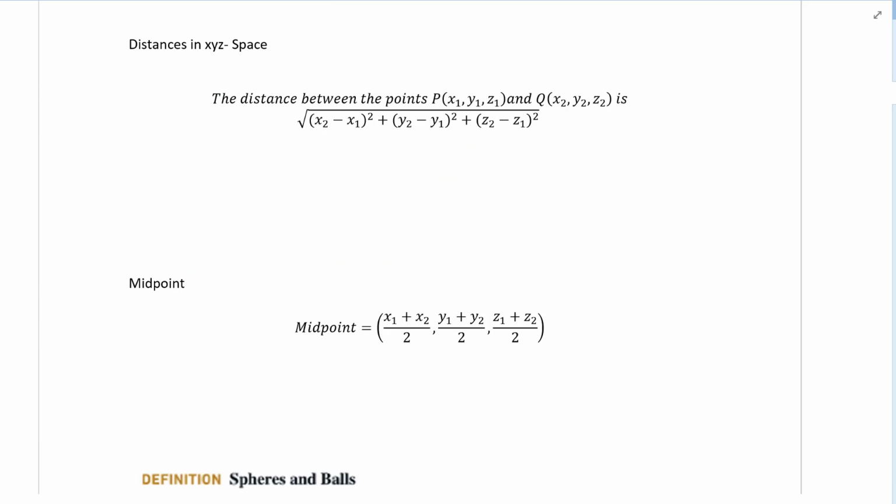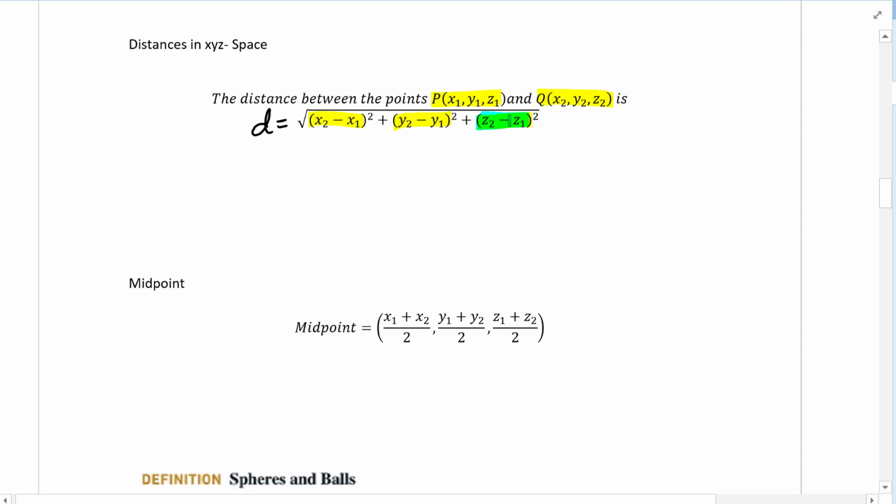A few quick formulas that, if you remember from 2 dimensions, work pretty well here as well. Distances: the distance between 2 points in 3D. We have x1, y1, z1 and x2, y2, z2. Then we have x2 minus x1 squared, y2 minus y1 squared, and z2 minus z1 squared.